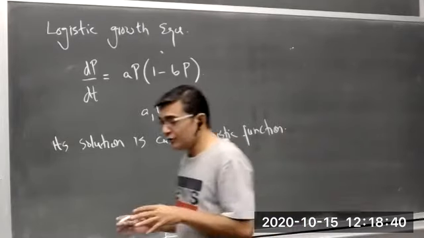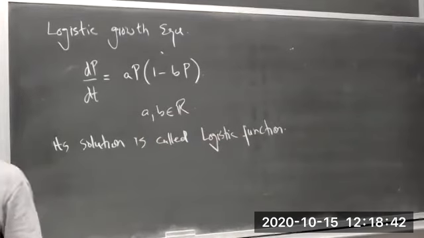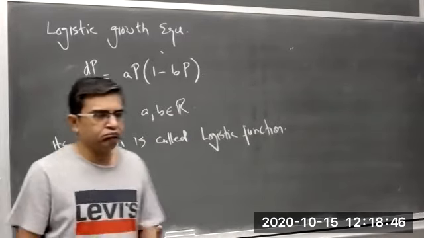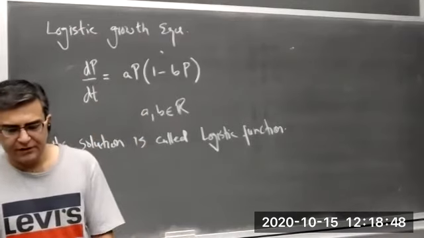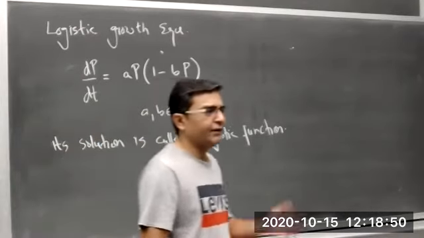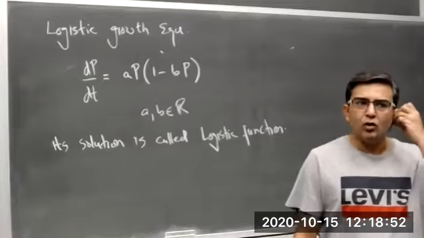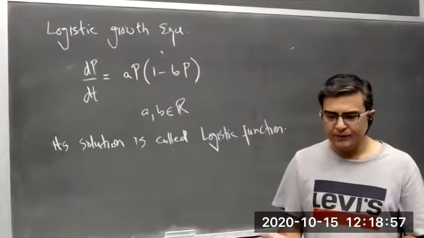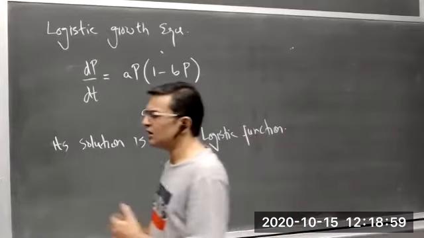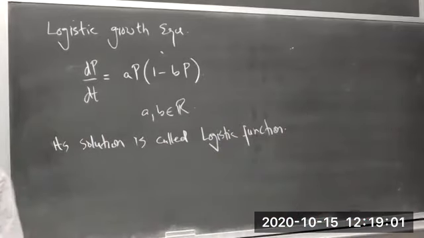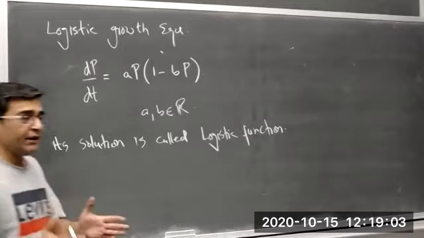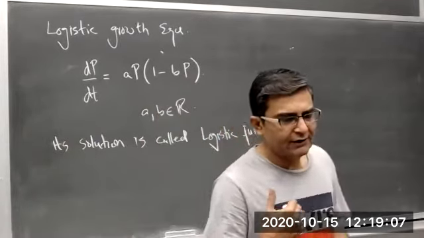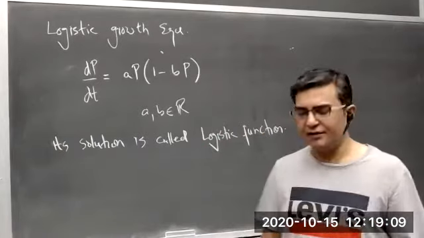So this equation also works in a certain situation. For example, if we want to grow bacteria in a certain container, and that container can hold only up to 100 bacteria, or 1,000 bacteria, then there is some restriction. There will be some restriction on the growth of bacteria when the population of those bacteria increases.